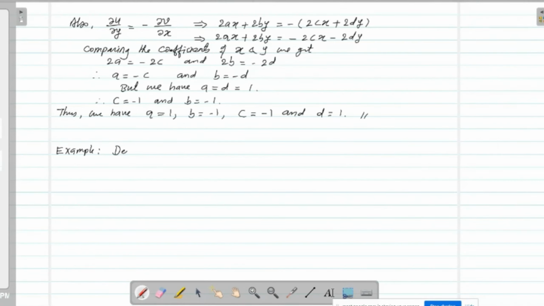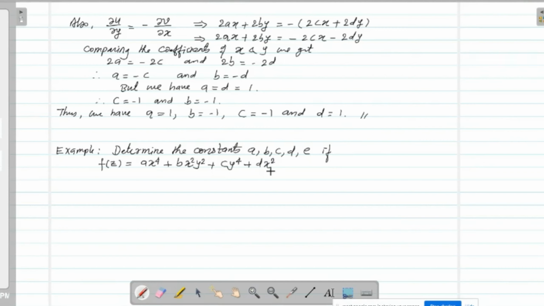Determine the constants A, B, C, D, E if the function is given as f of z is equal to a x raised to 4 plus b x square y square plus c y raised to 4 plus d x square minus 2 y square.